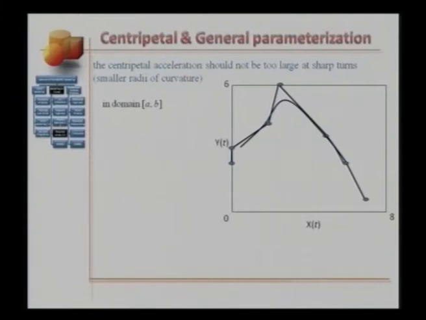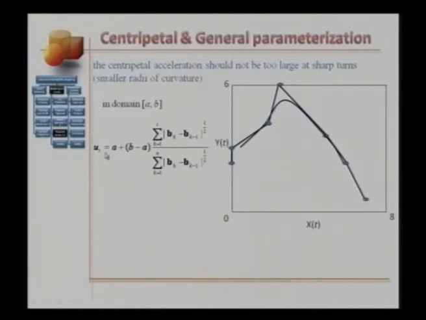Now, in the domain given by the two values a and b, between the chord length parameterization and centripetal parameterization, this exponent in both the numerator and the denominator is the only difference.